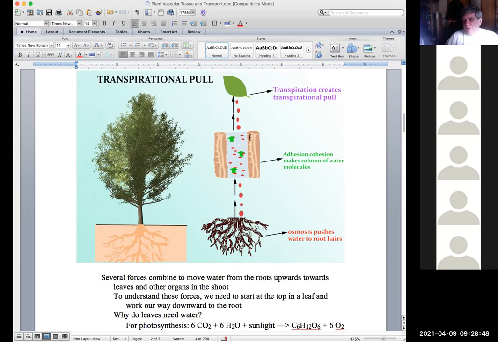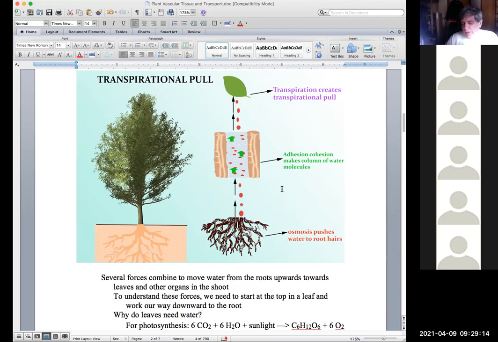Now, the second factor that's important is if we look at the tracheids and the vessel elements in the xylem all the way through the stem, and even in the root, because those do extend down into the root, we see there are two processes called adhesion and cohesion.